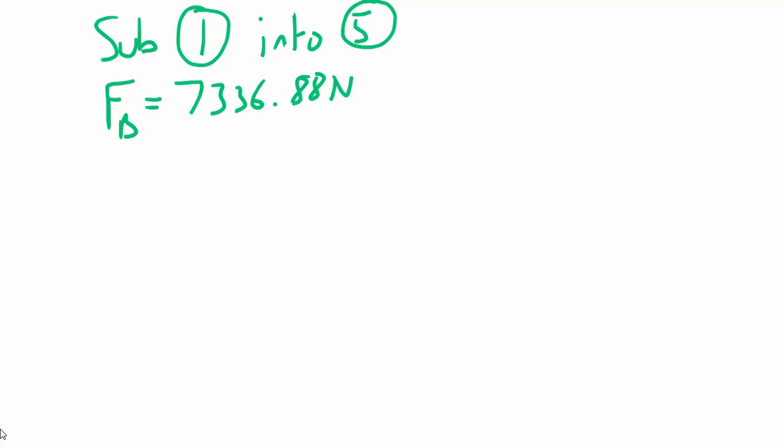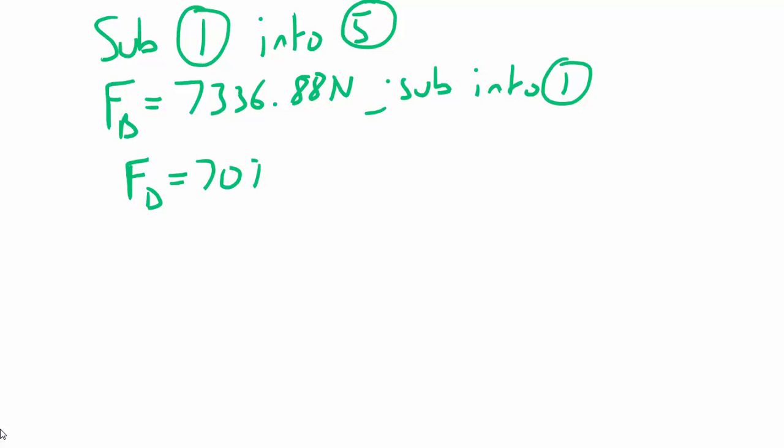I can then substitute FB into equation 1, and that will give me only FD. I can rearrange and say, well, FD must equal 7,098.44 newtons. I can substitute that and FB into 2 or 3.